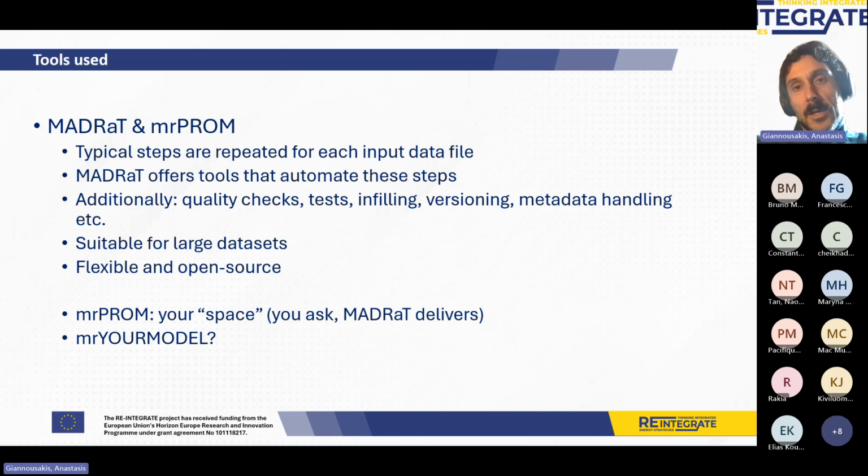Additionally, it offers many other useful functionalities, such as quality checks. It can run tests each time you generate the datasets to identify errors or to make sure that the data is following some standards.